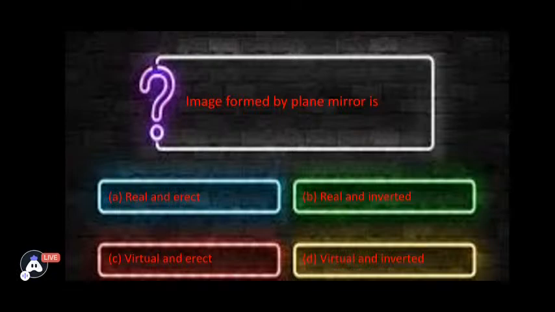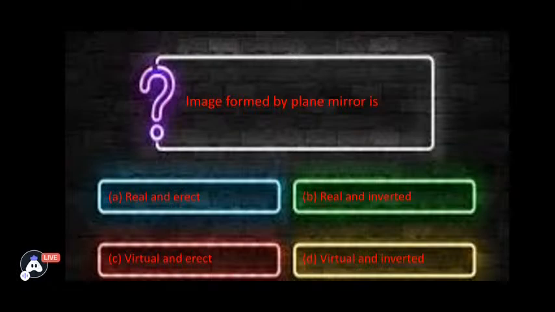Image formed by plane mirror is. Now you need to tell me the image formed by the plane mirror. Out of the 4, which correctly justifies the answer? Image formed by the plane mirror is A, real and erect, B, real and inverted, C, virtual and erect, or D, virtual and inverted.